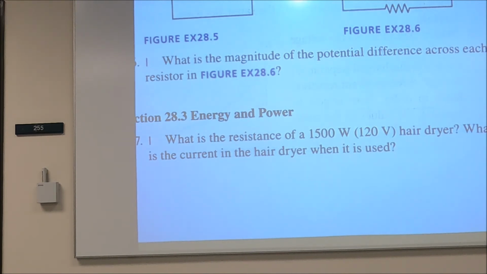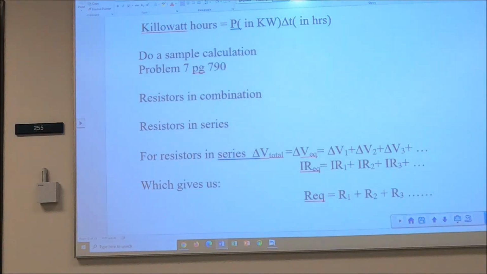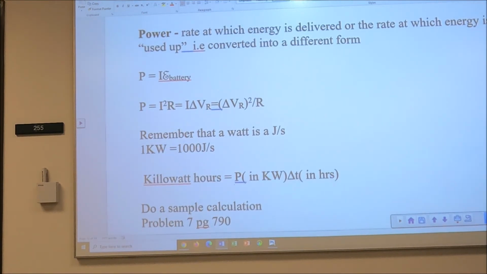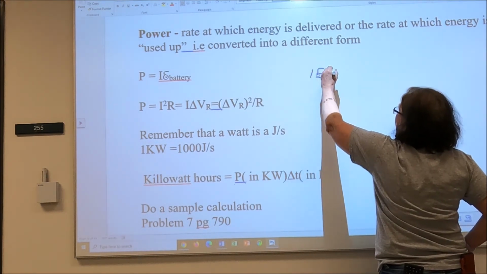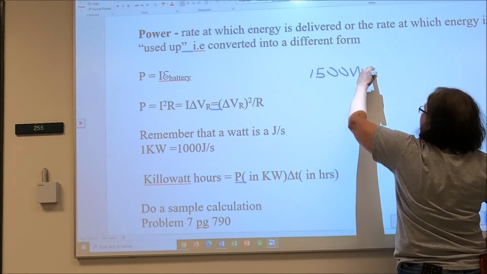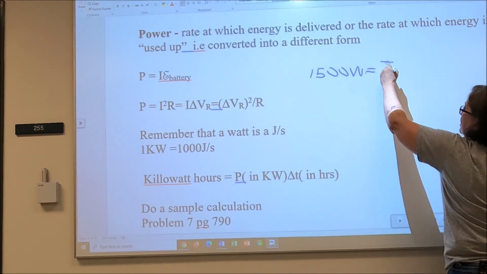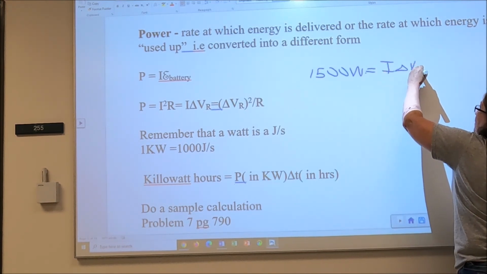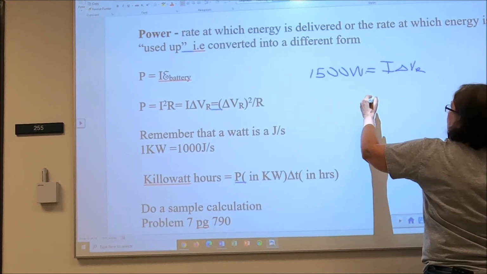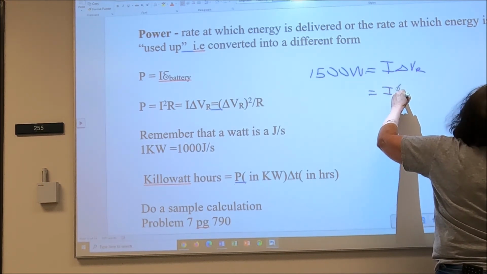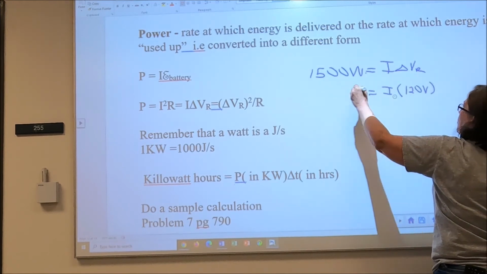Okay, so let's look back at our equations. Our wattage is 1500 watts, and that is equal to I times delta V of the resistor, and we were told that delta V was 120 volts.